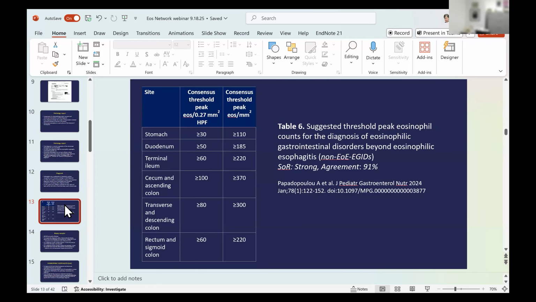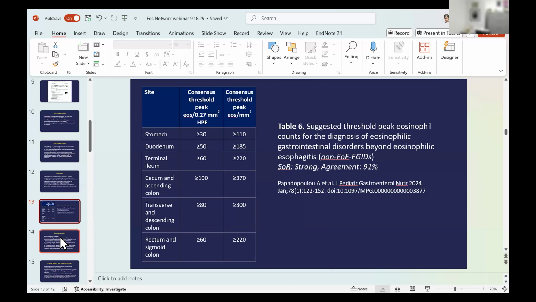Greater than or equal to 50 in the duodenum, I think, is probably okay. Greater than or equal to 60 eosinophils in 1 high power field in the terminal ileum for a diagnosis of eosinophilic ileitis, I think, is okay. And then for the colon, 100 in the right side of the colon, 80 in the transverse and descending colon, and greater than 60 in the rectosigmoid are probably good threshold values to use.